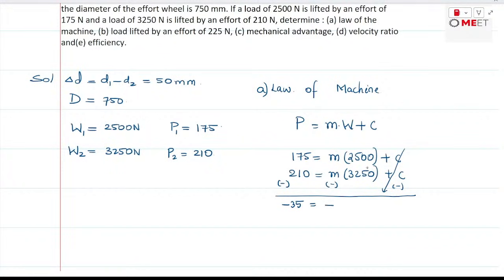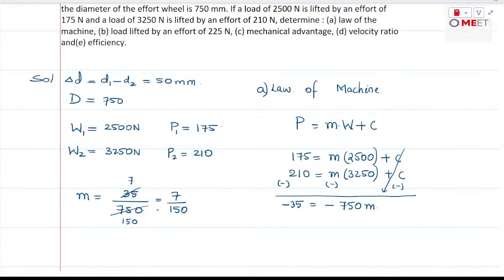This is equal to minus 750 times M. So M is equal to 35 by 750, which is 7 by 150, the slope.